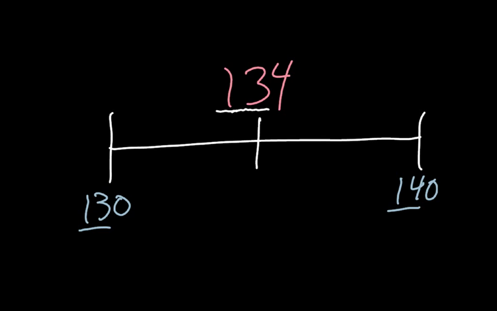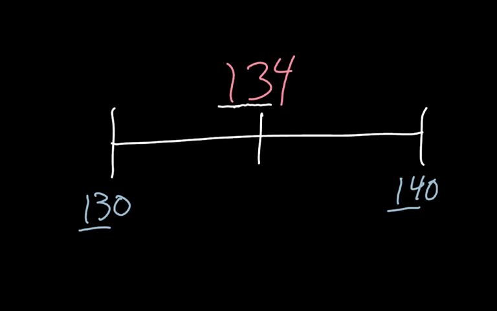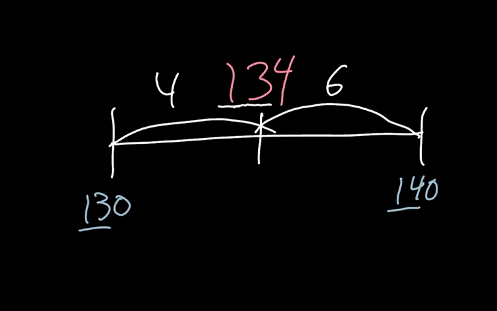So once again, you look to see that 130 is 4 away from 134, and 140 is 6 away from 134. You know that 4 is less than 6, so 130 must be closer.